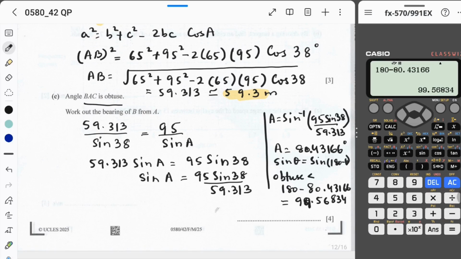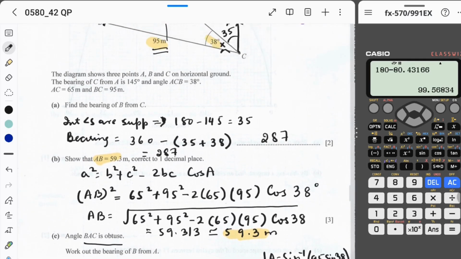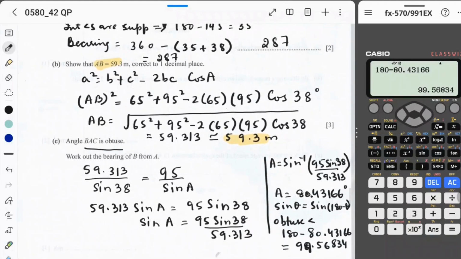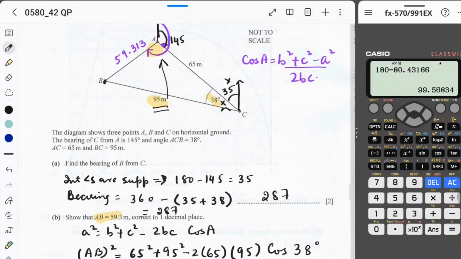Now what do we do? Because of the obtuse angle, we subtracted from 180 degrees and found this angle. So this angle is 99.56834. 99.57 also you can write down.